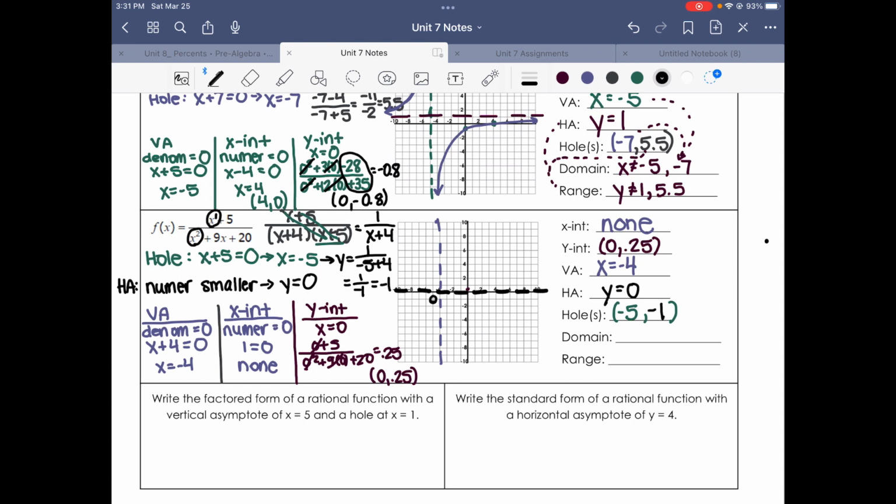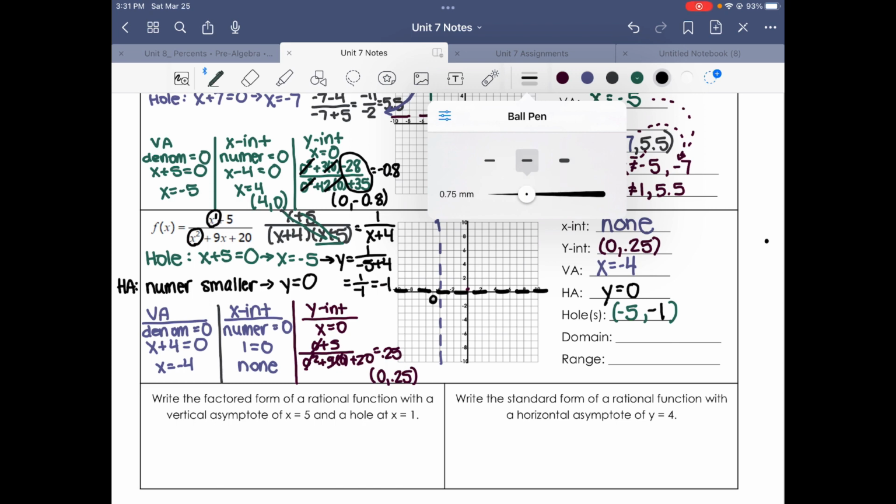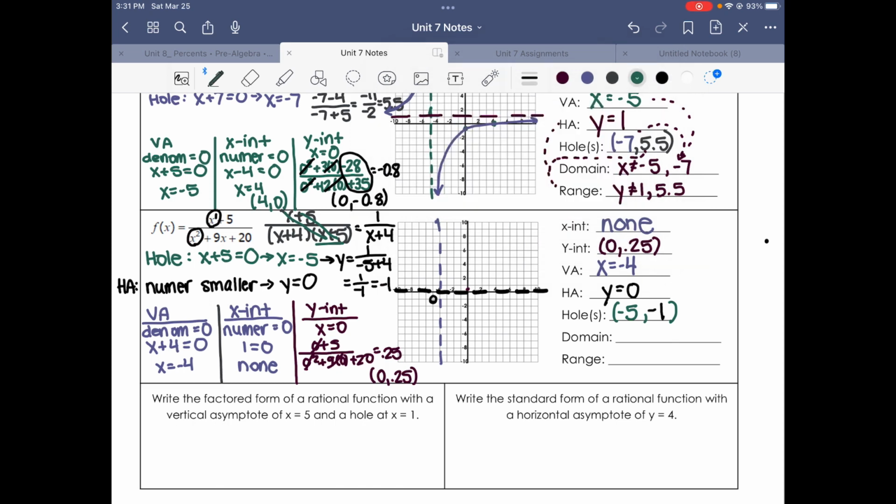You can't have an x-intercept if it's where the asymptote goes. So anytime you get no x-intercept, it's because it's an example where y equals 0 is the horizontal asymptote. So I'm going to write that these two go together. No x-intercept means that it's y equals 0 for the horizontal asymptote.